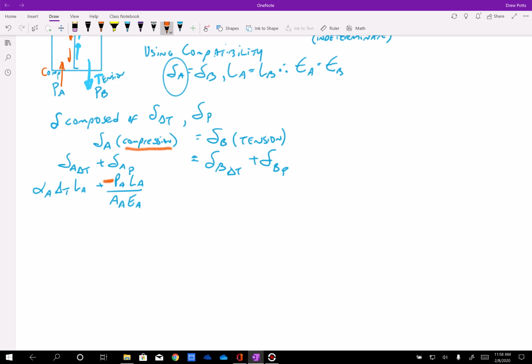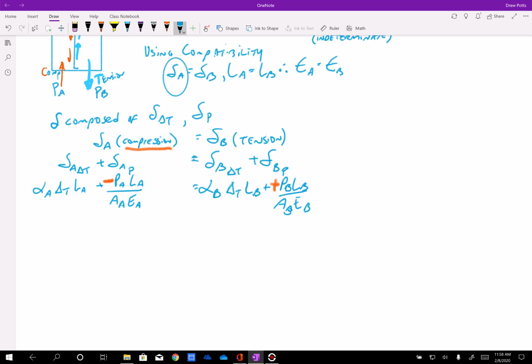It's going to be a negative change in length due to the axial compression. Over here, same thing, alpha B delta T LB plus PB LB over the area of B and the modulus of elasticity of B. This is in tension, so this is okay as being positive.